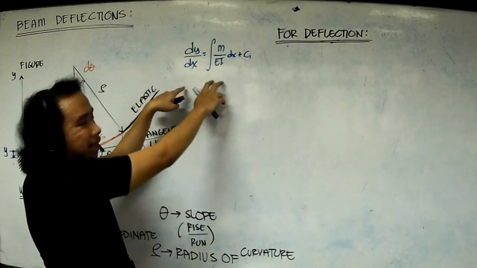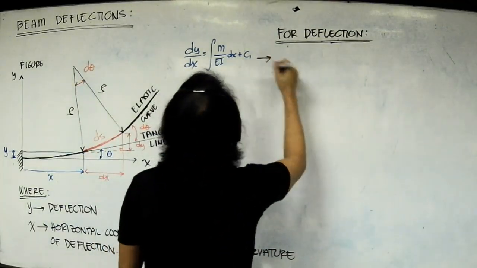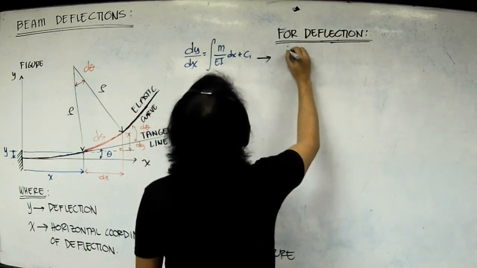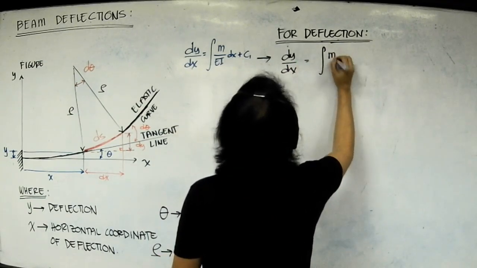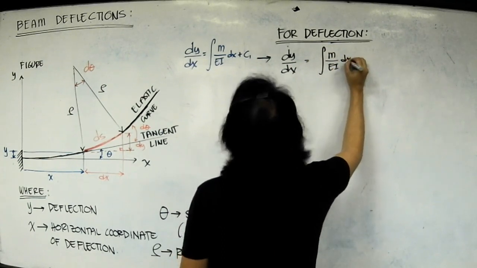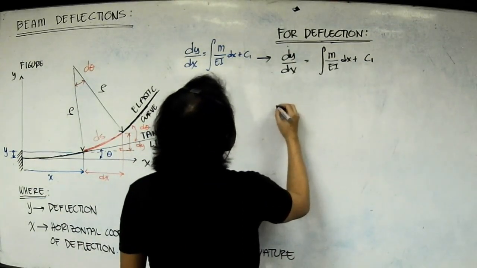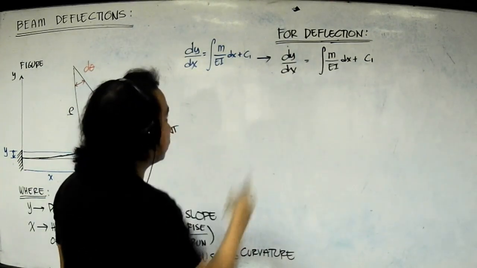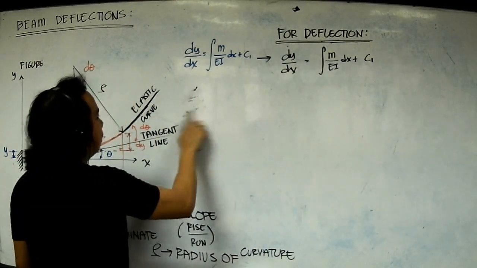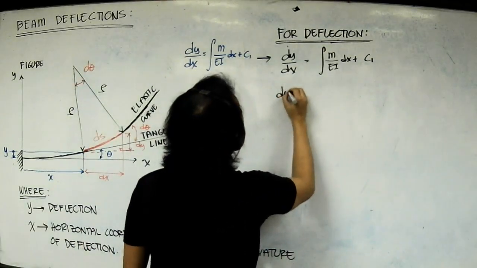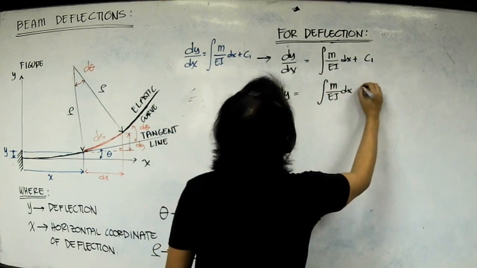I got this expression from earlier. So I move this here, and dy/dx is equal to the integral of M over EI dx plus C1.